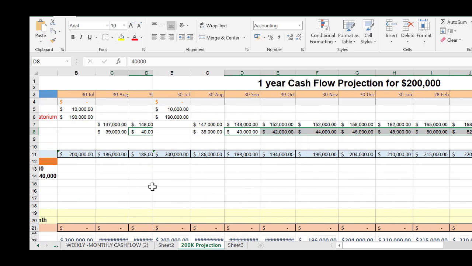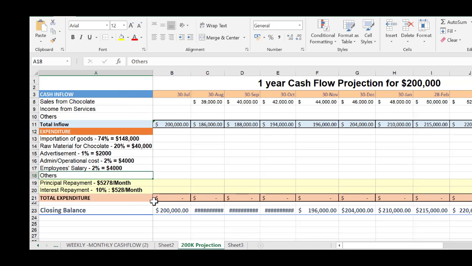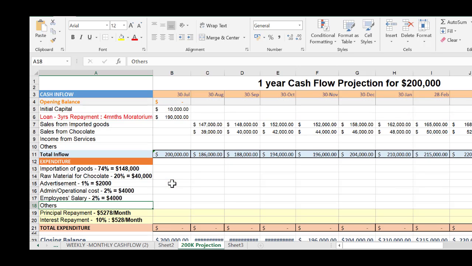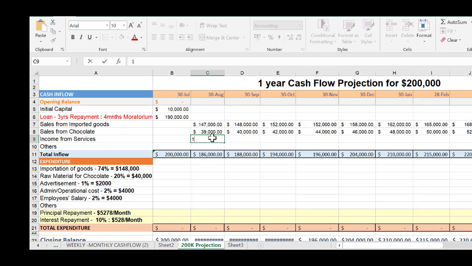Alright, so income from services, assuming there are some services you render like IT services or so, probably you make about, let's say, $3,000 per month on the services that you render.